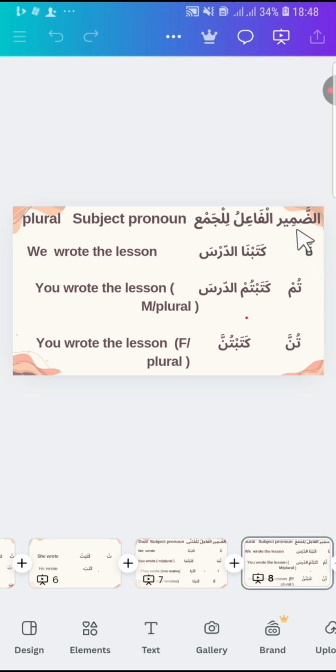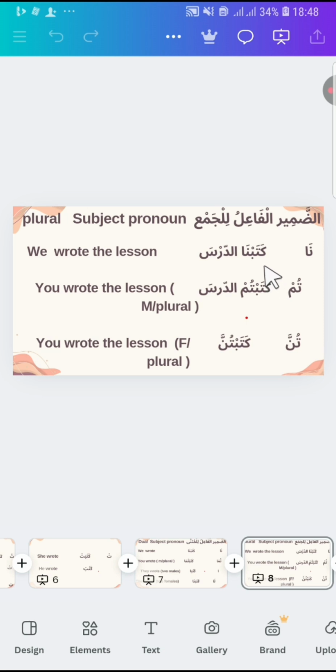Then tum refers to plural males, more than two. If I say katabtum ad-darsa, you wrote the lesson, it refers to more than two males.